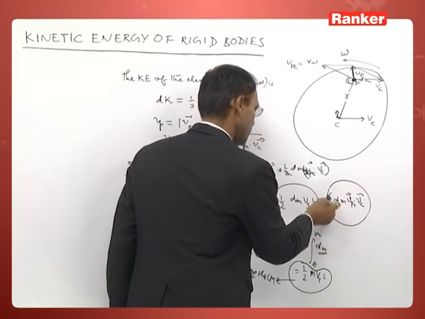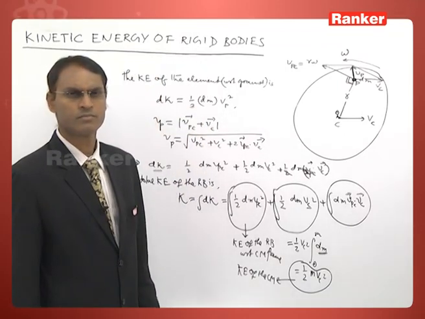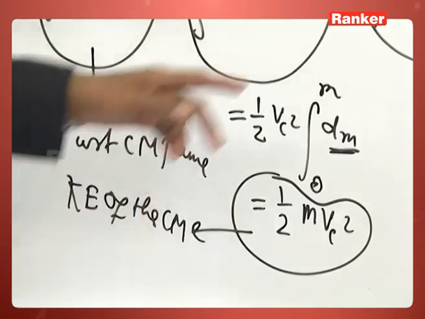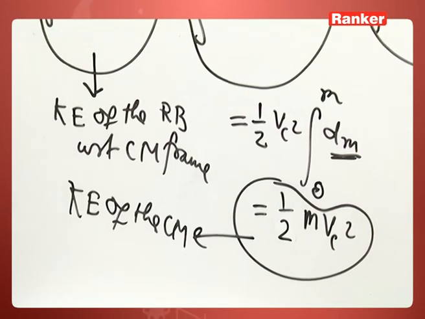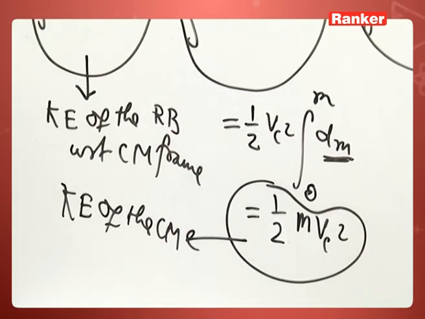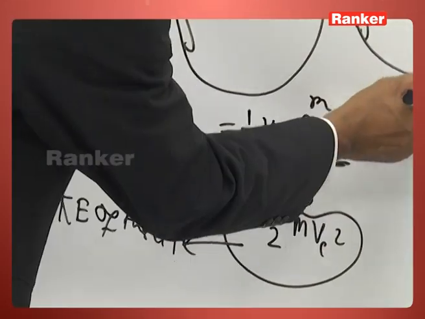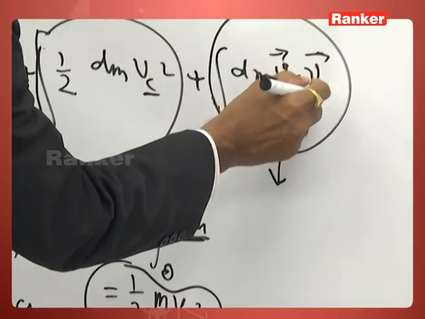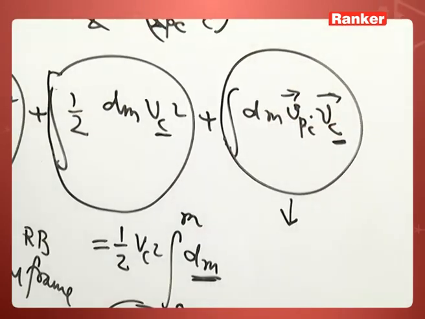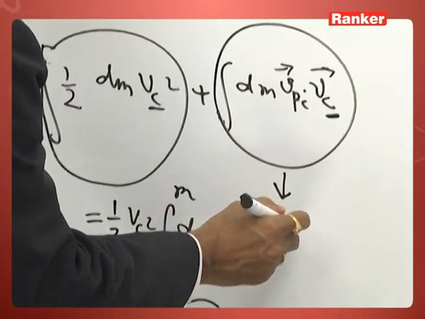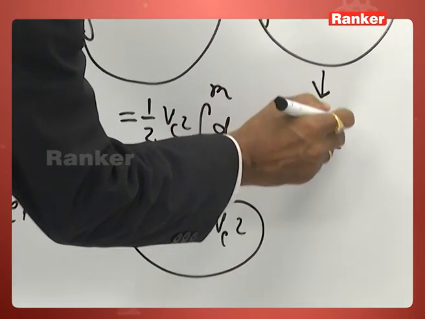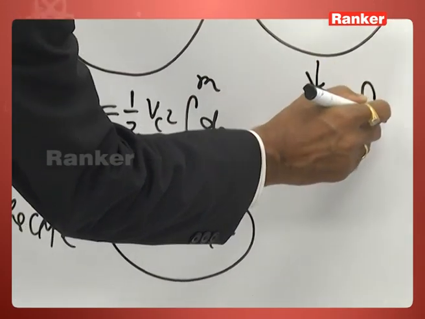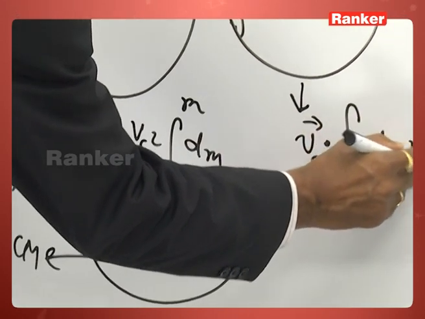And if you simplify the third term, Vc is a constant quantity, so you can write Vc dot integral of dm Vpc.